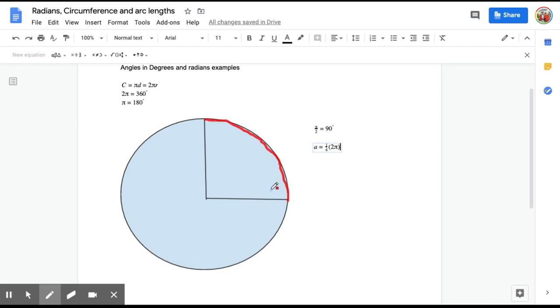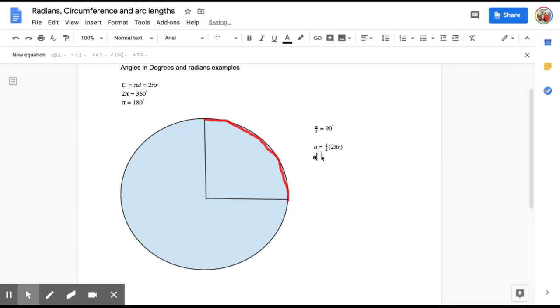When we go to figure out what its length would be, we could say that it's going to be 1/4 of my full circumference. So it's going to be 1/4 times 2 pi times r. And that gives you a formula for this particular arc length.